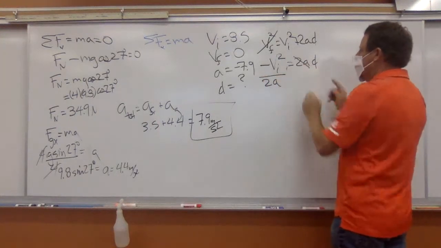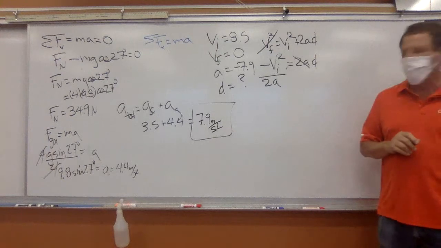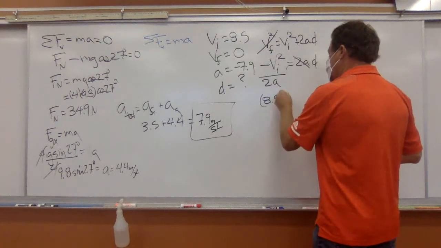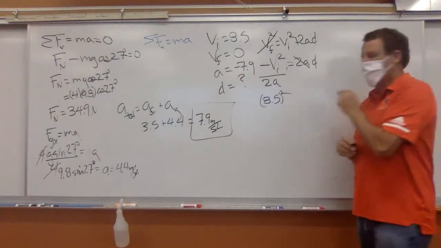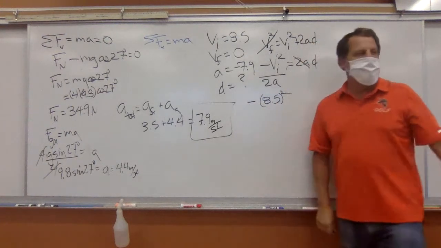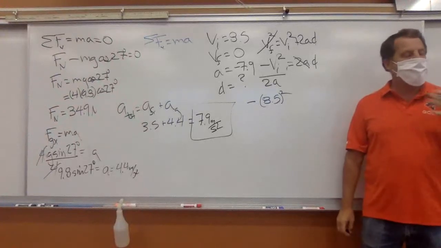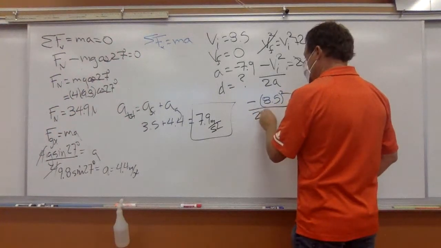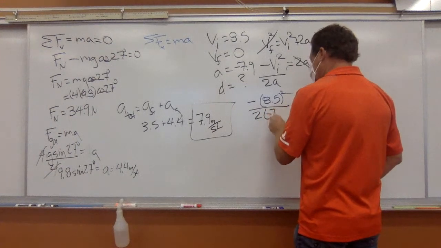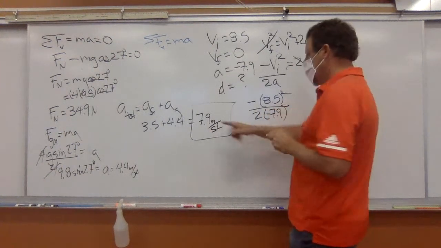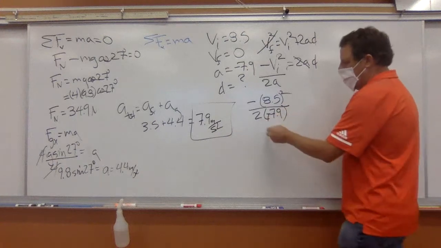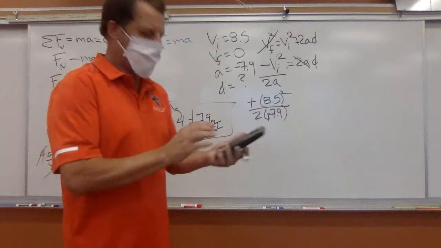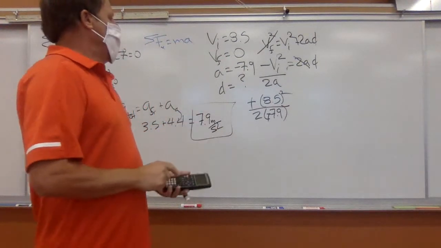Now we divide by 2A to get our displacement. So 8.5 squared, and then we apply that negative, divided by 2 times negative 7.9, because that was our overall acceleration. These two negatives cancel each other out.